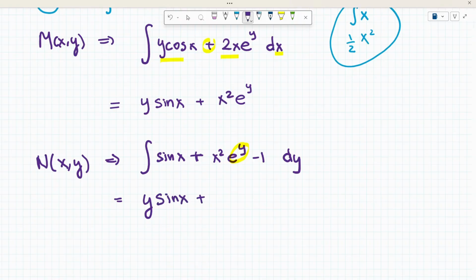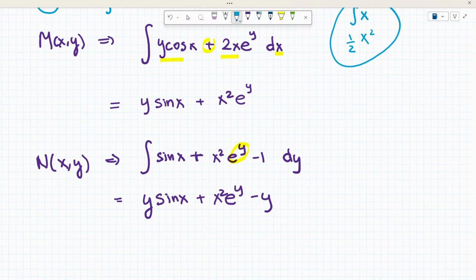And then for our next term, the derivative of e to the power of y and the integral of e to the power of y stay the same. So it's just e to the y, and we multiply by x squared since we are integrating with respect to y, so we treat x as a constant there. And then the integral of -1 is simply -y.